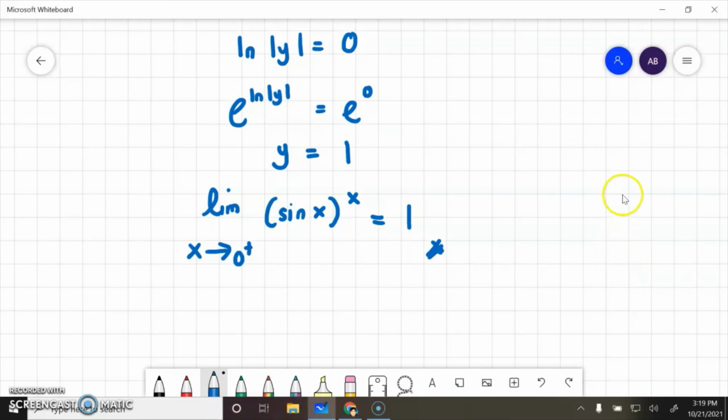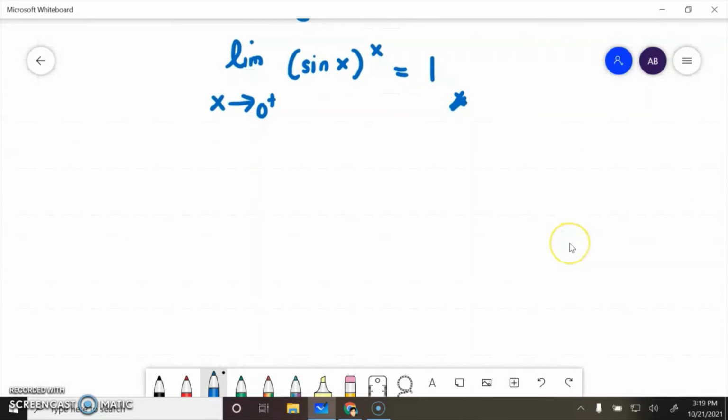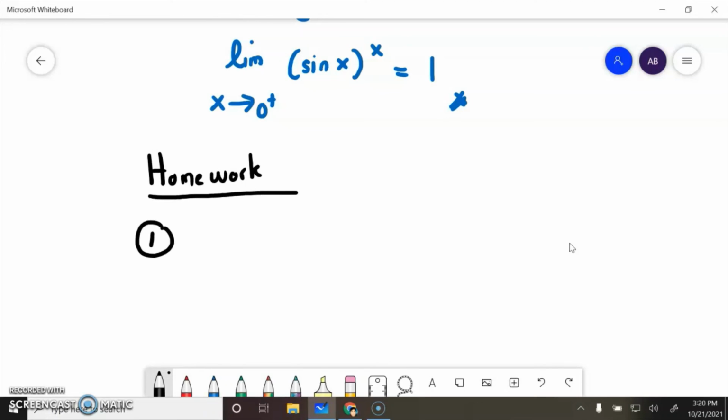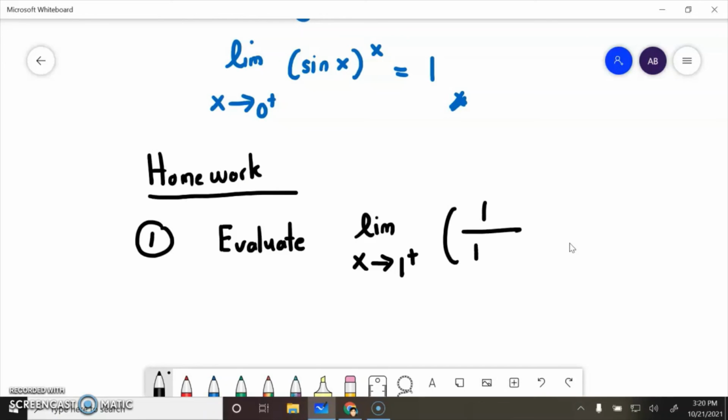Okay, so I guess that's all for the solution I've given you. Now I want to give you homework. Please upload your solution. Number 1: evaluate the limit as x approaches 1 of 1 over ln x minus 1 over x minus 1.